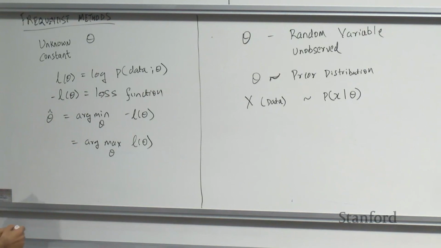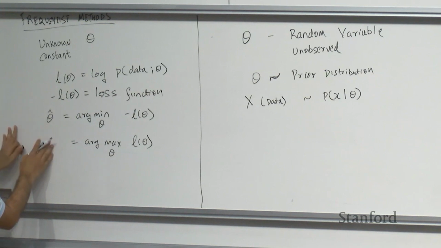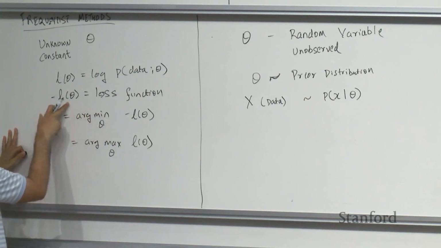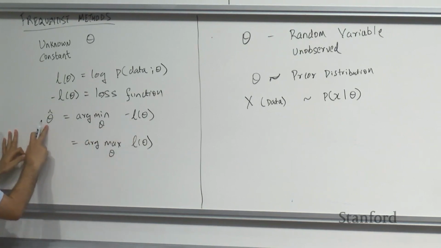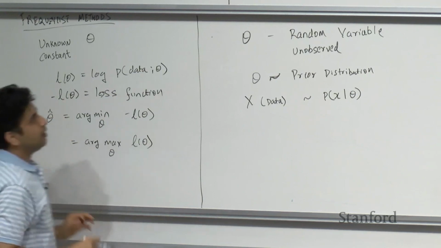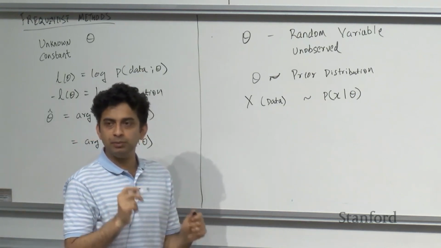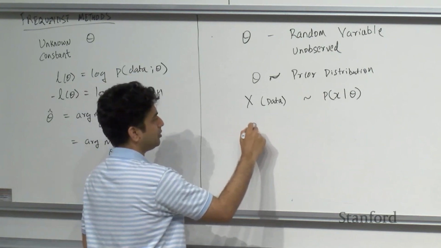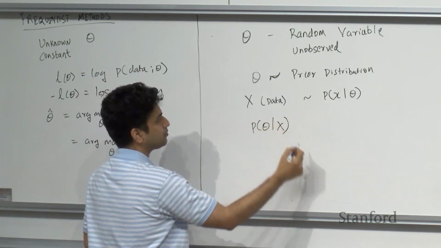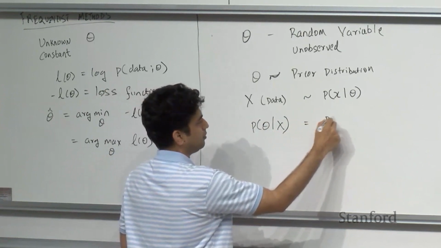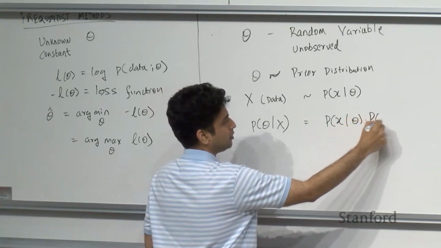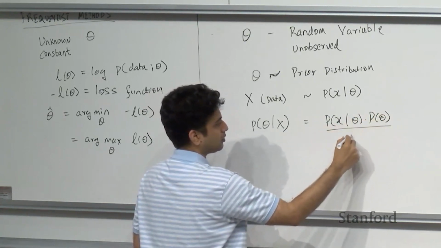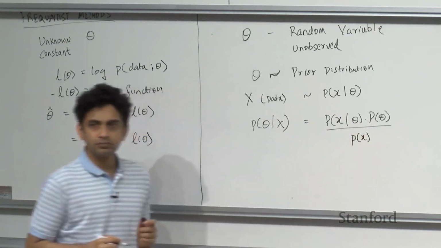And now the main difference between the two is that with the classical methods, we perform maximum likelihood on the log likelihood to get an estimate of theta, right? But in the Bayesian method, what we do is we apply the Bayes rule. So in Bayesian methods, we come up with p of theta given x, which is p of x given theta times p of theta over p of x, right?